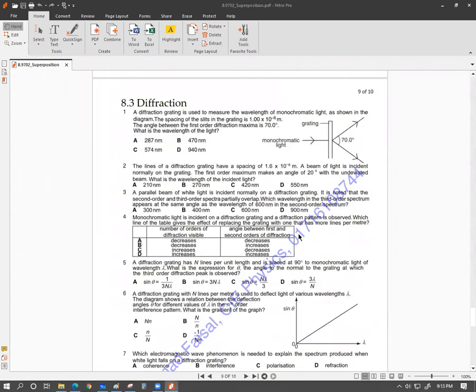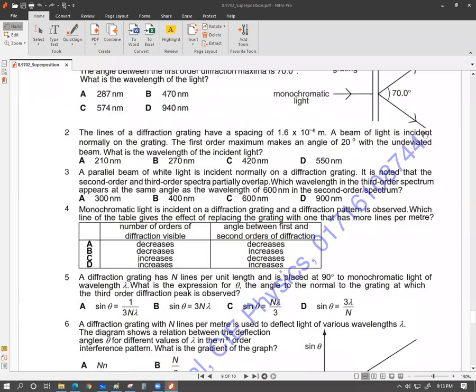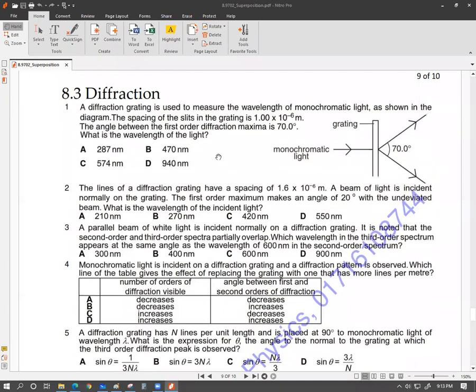Okay, for example, this is the MCQ paper for diffraction grating. Have a look at this first MCQ, for example.